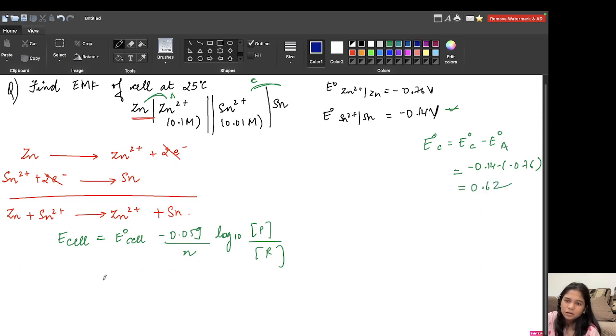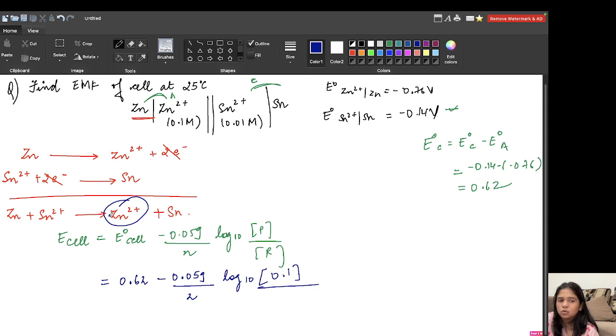Just substitute it here. So this one will become 0.62 minus 0.059 by how many electrons? 2 log base 10. What is the concentration of product? Zn is 0.1. So 0.1 divided by, no coefficient, right? So nothing on the power. Sn2 plus is 0.01.